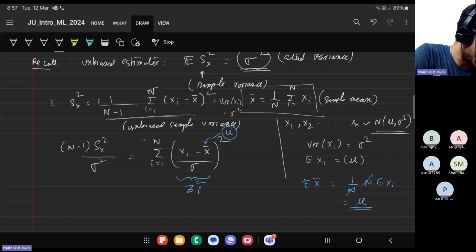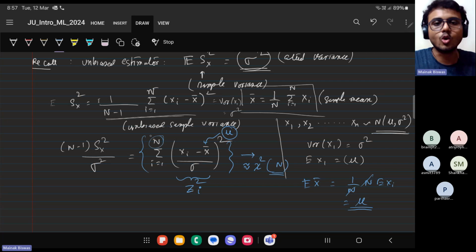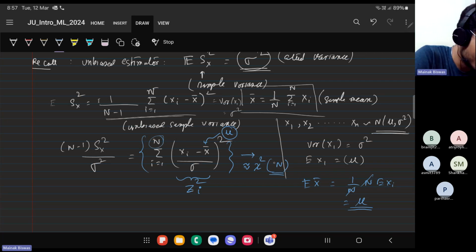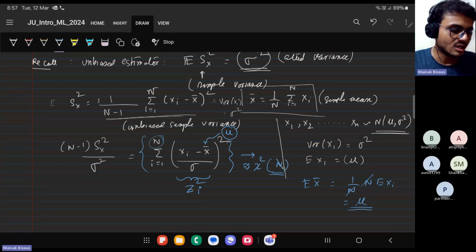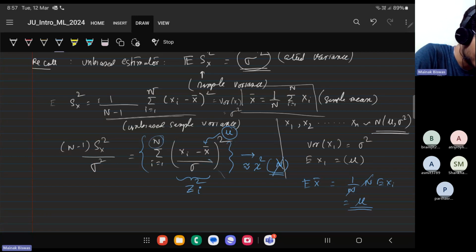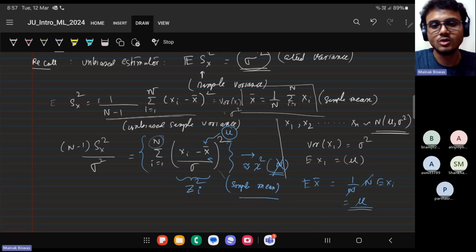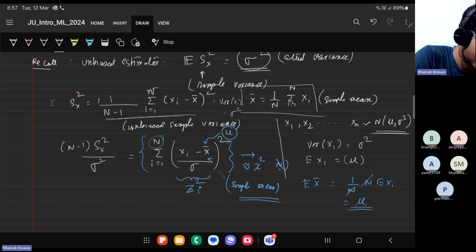Now your right hand side has become very similar to a chi-square distribution, but we do not know its parameter. You would expect it is n because there are n terms, but let's hold our horses. It's not n. It's not n because we are taking sample mean, right? And not the actual mean. Had it been the actual mean, you would have chi-square n. Yes or no?